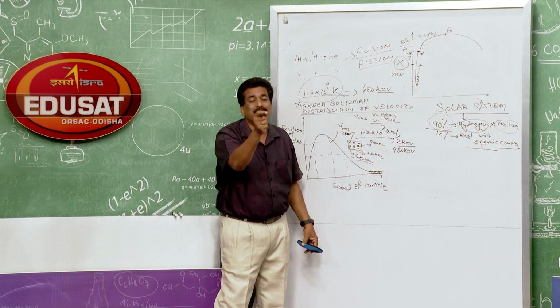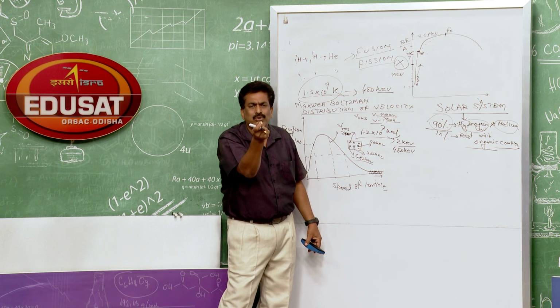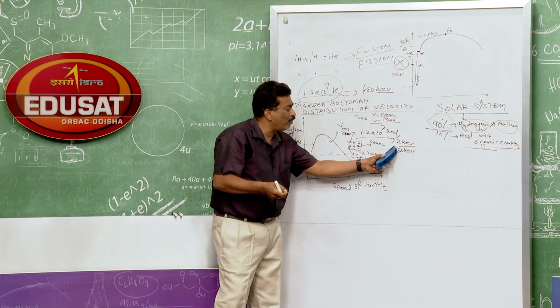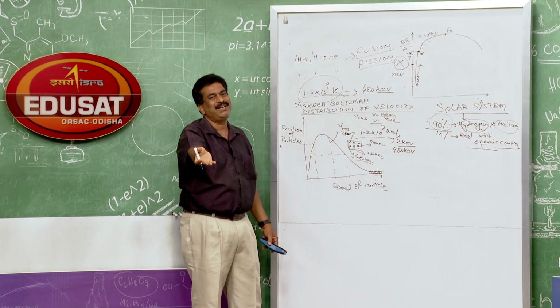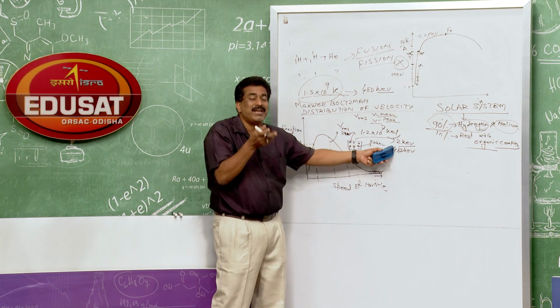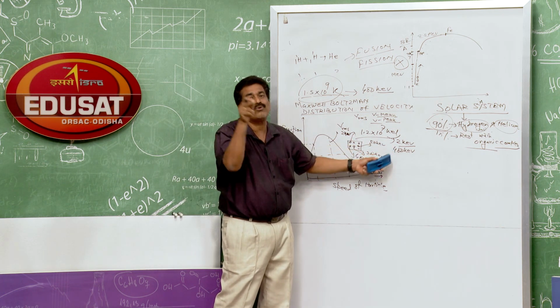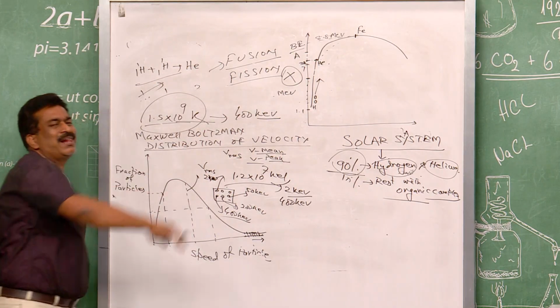But out of the crores of particles, if at least one or two have 400 keV or more, the temperature is created for that amount of energy, and this process is started.